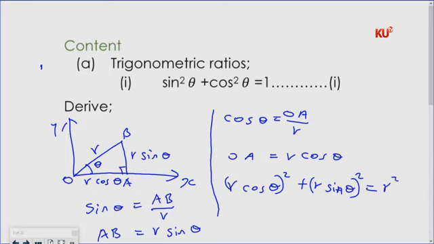Very good. So let's remove the brackets. You'll end up having R squared cos squared theta plus R squared sine squared theta is equal to R squared.